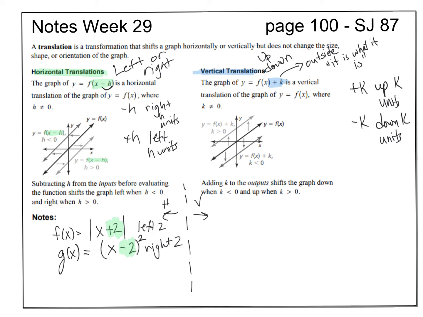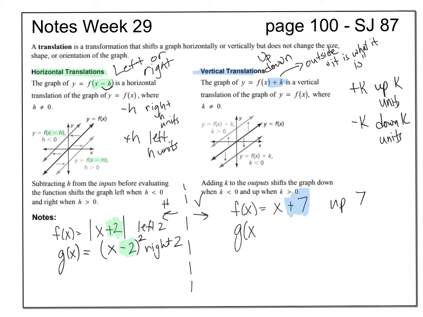I'm going to use linear to start with. So if I have f of x equals x plus 7, that plus 7 is not inside parentheses, so it's on the outside, and that means up 7 units.